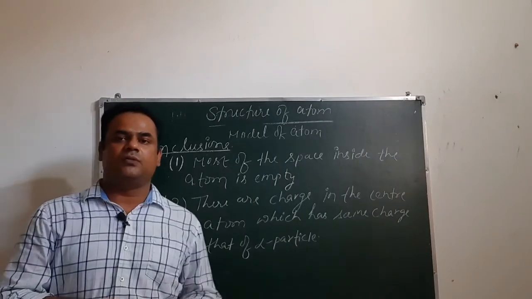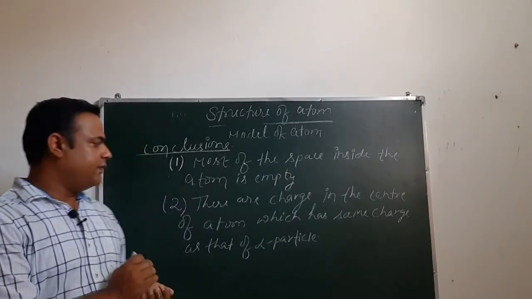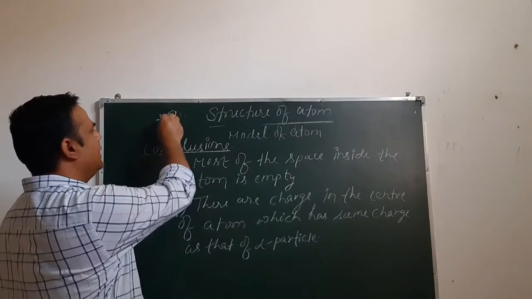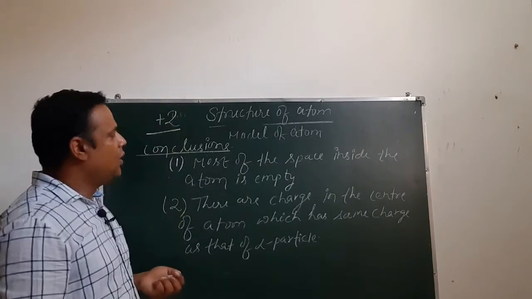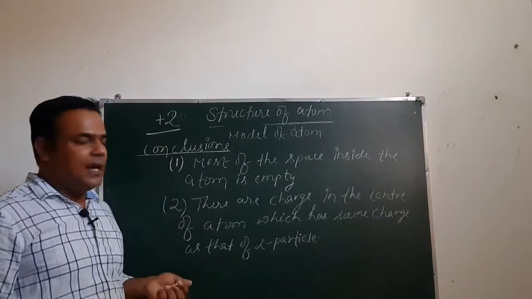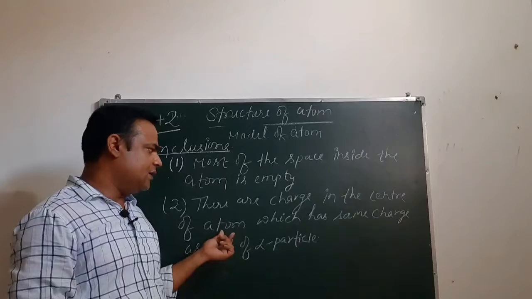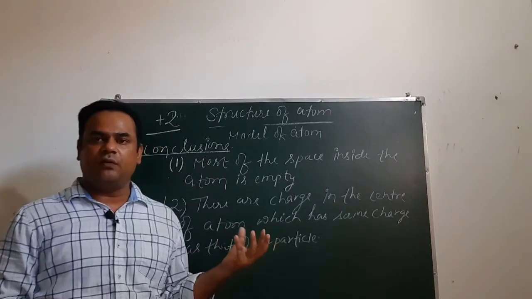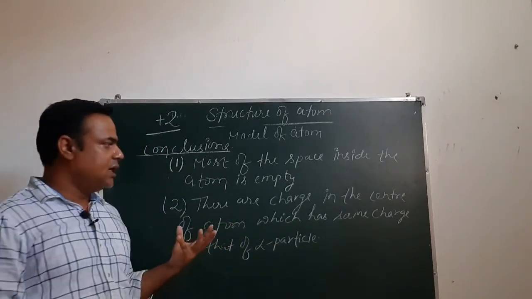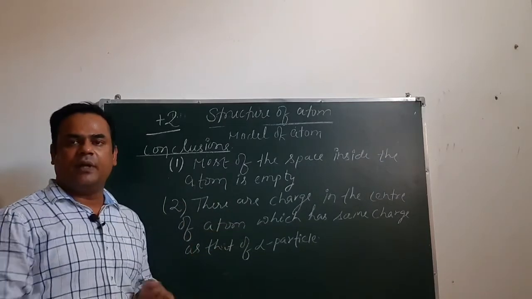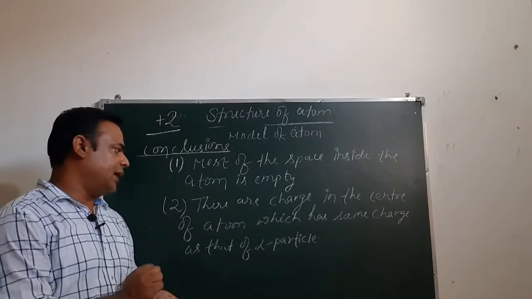Alpha particle is also known as the nucleus of helium, and it has charge +2, meaning it is positively charged. As alpha particles are positively charged, in the center of the atom there must be a region where positive charge is present, and because of that positive charge these alpha particles are deviated by a small angle.